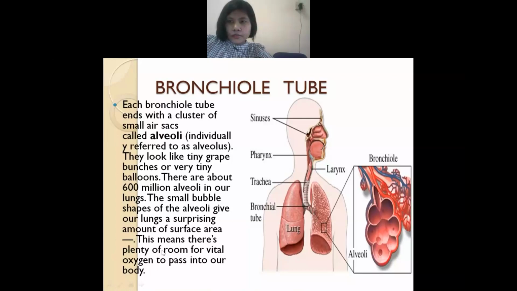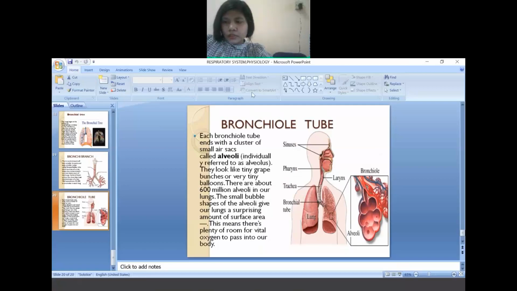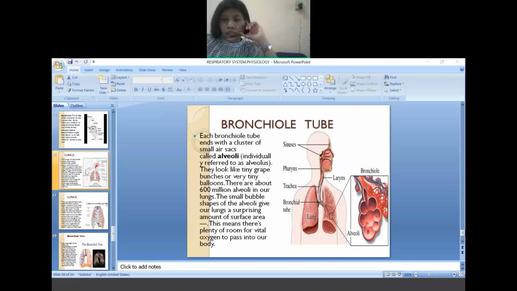With the help of this alveoli, the oxygen is passed and they go and supply enough oxygen to the different parts of your body. Is it clear, everyone? Yes, ma'am.